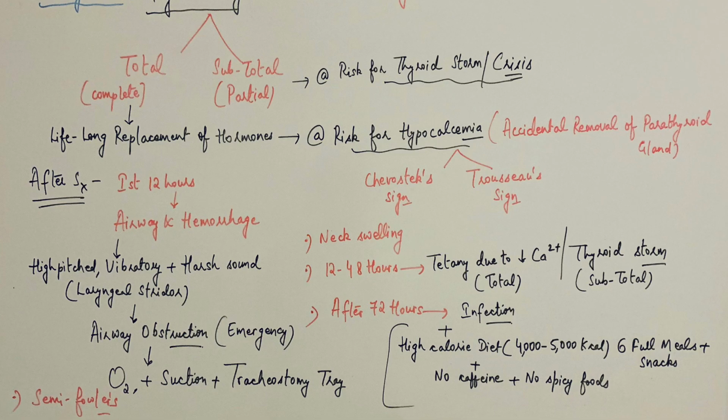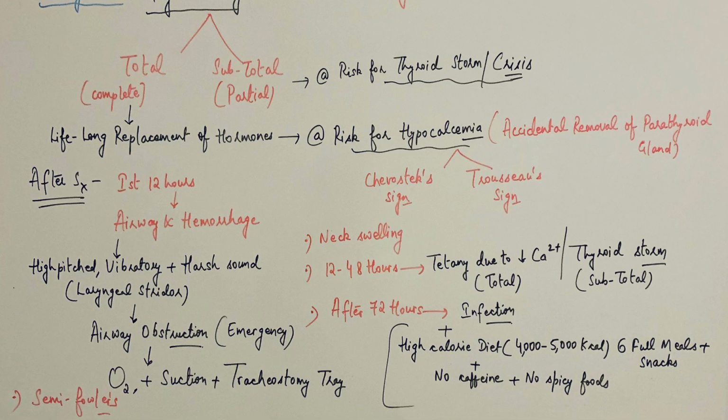It's very common. After 12 hours, in 12 to 48 hours, there is no high risk of airway obstruction or hemorrhage, but there is risk of low calcium levels because of accidental removal of the parathyroid glands if it was a total thyroidectomy, or there can be thyroid storm or thyroid crisis if it was a subtotal thyroidectomy.